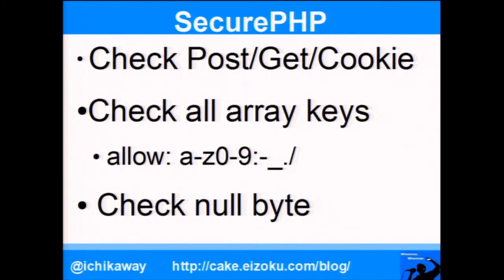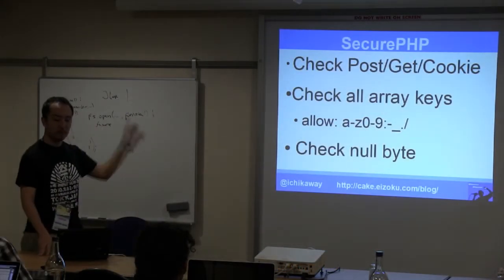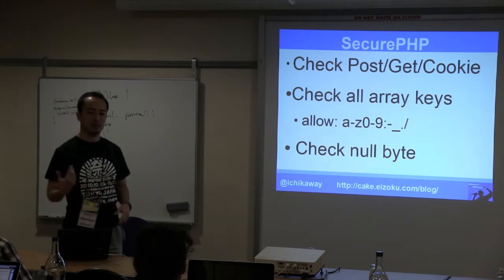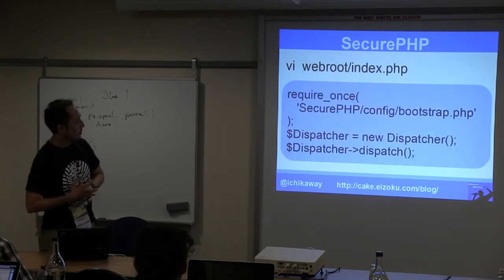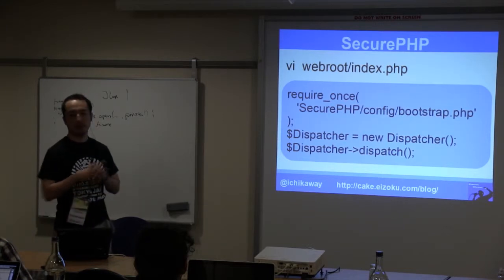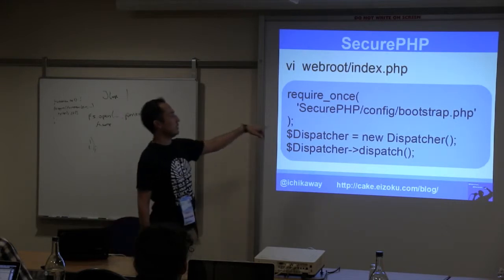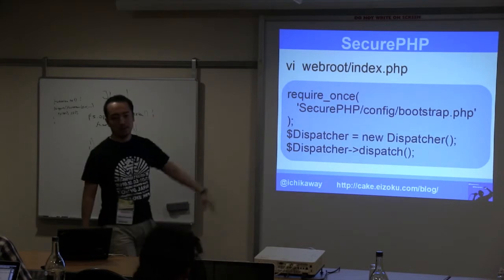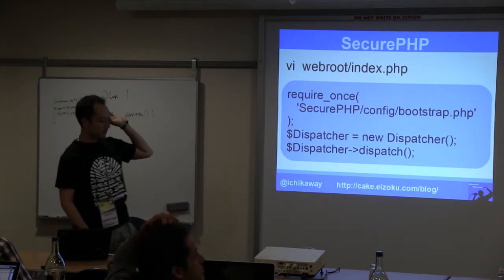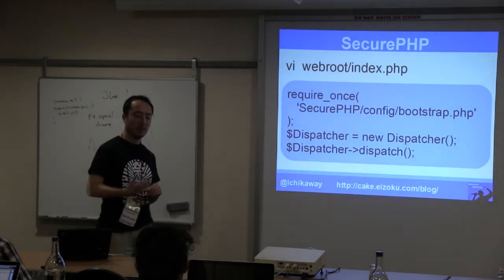It only allows certain characters, doesn't allow dollar characters, and also checks null bytes of all user input data. Here is the usage. Edit webroot index.php and require bootstrap.php of the Security PHP library before the dispatcher, because the Cake dispatcher sets user input data to the data property or the params property.